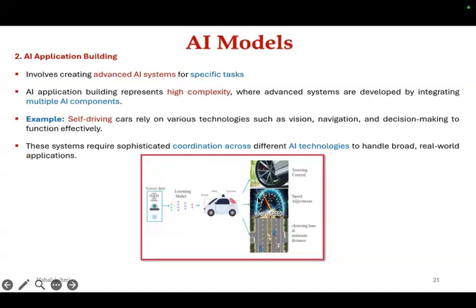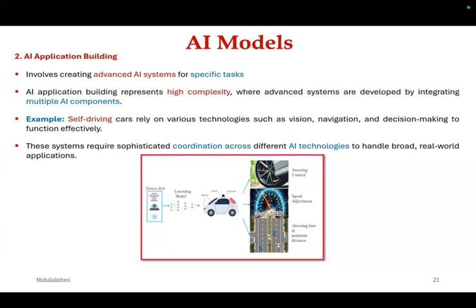And the second kind of model building is AI application building. AI application building is an advanced system. The complexity level is more, and this system is developed by integrating multiple AI components. For example, Tesla-like autonomous cars revolve around many AI parts. It's not that for car building we will be able to use only one AI component. Multiple AI components will be used for steering, safety, seat adjustments, wheel adjustments, braking, and ABS control.